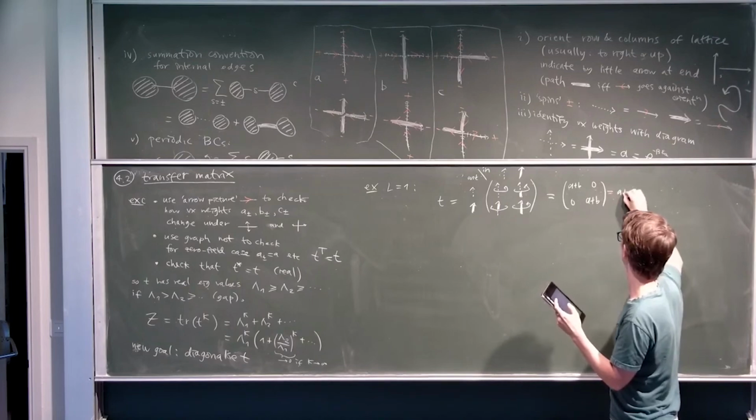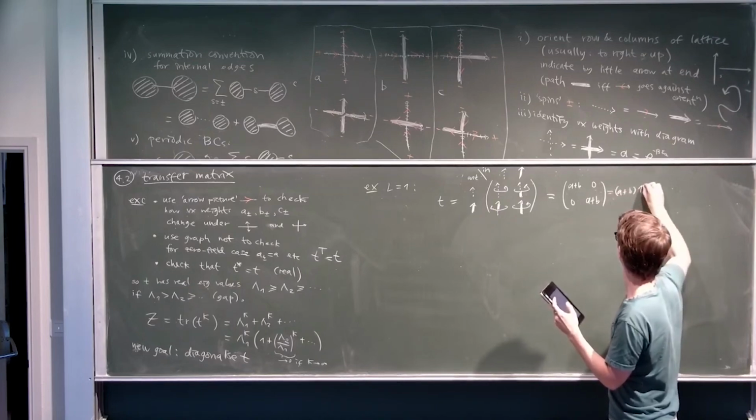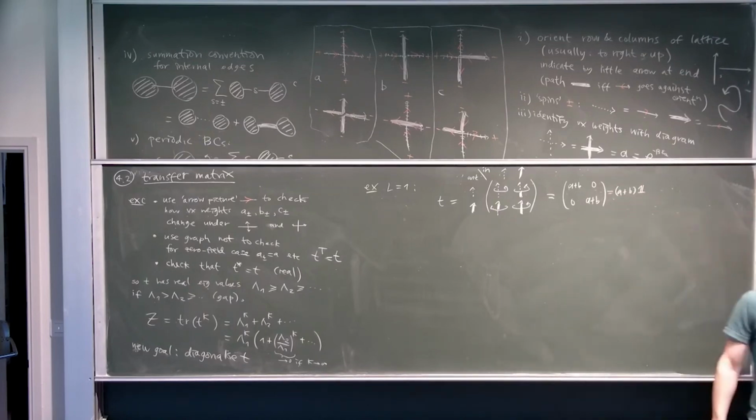So it's just A plus B times the 2 by 2 identity matrix. The point is that in small examples, you can use this graphical notation to compute the partition function, the transfer matrix entry by entry.